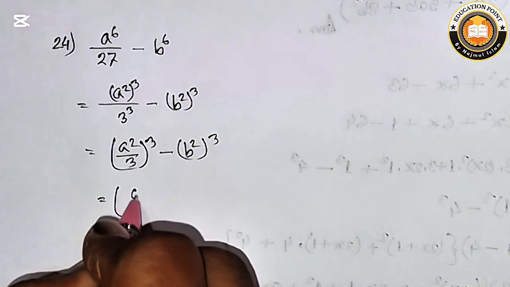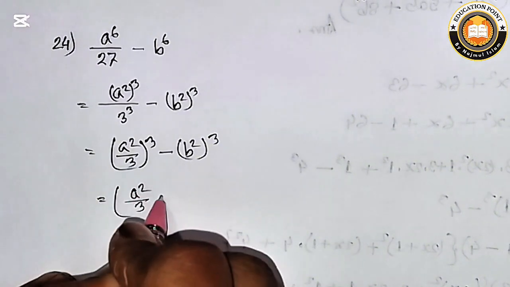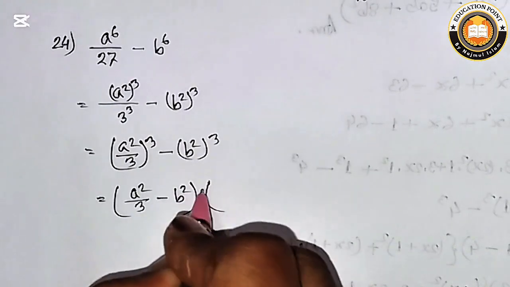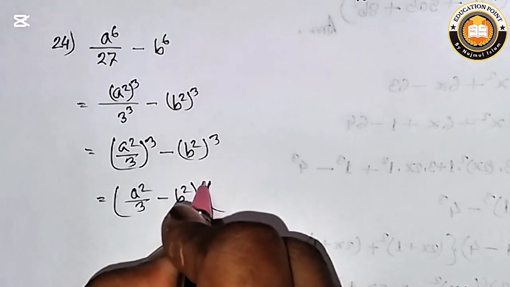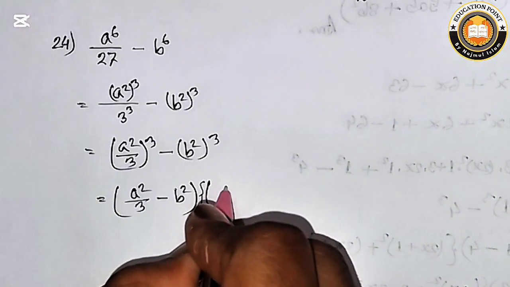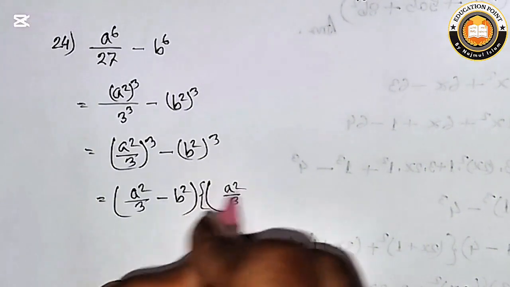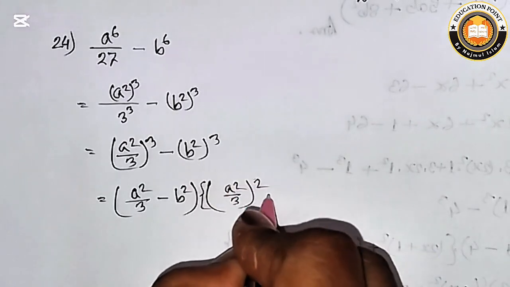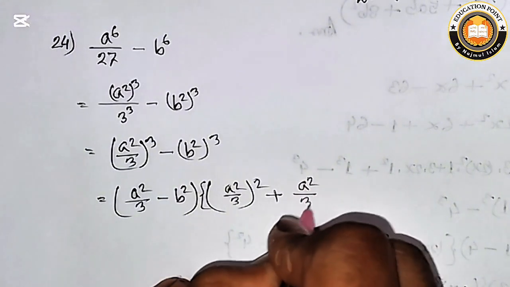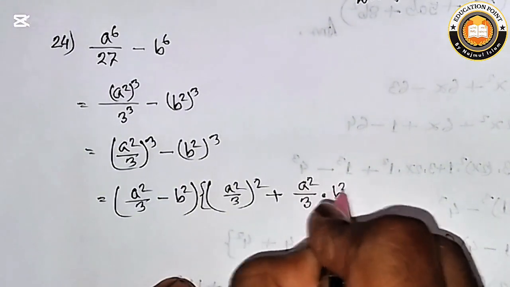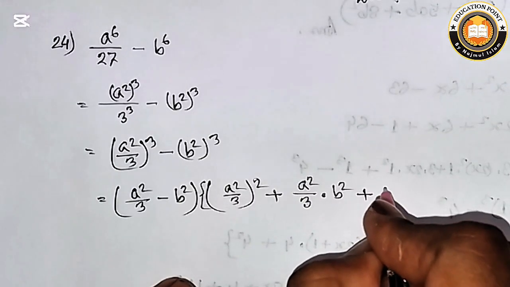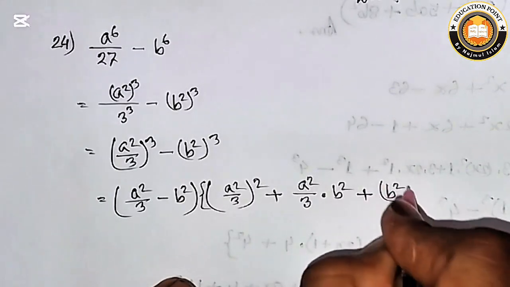Here a means a square by 3, minus b means b square, into a square means a square by 3 whole square, plus a means a square by 3 into b means b square, plus b square means b square whole square.